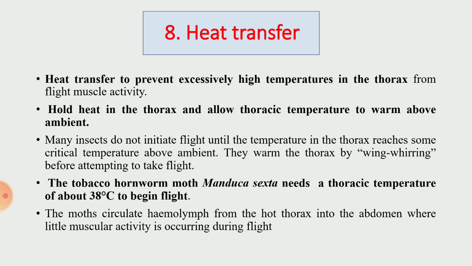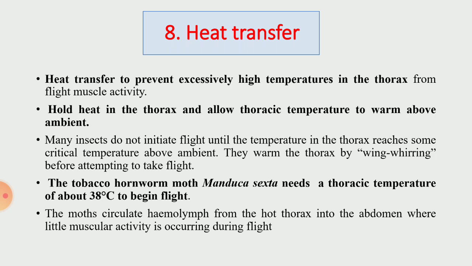Then the heat transfer. The hemolymph circulation is important in some insects as a means of heat transfer to prevent the excessively high temperature in the thorax from flight muscle activity, or to hold heat in the thorax and allow thoracic temperature to warm above ambient.